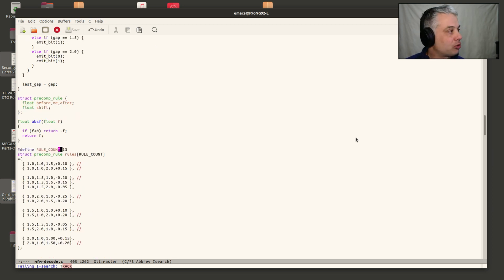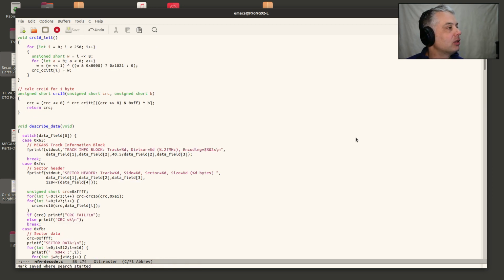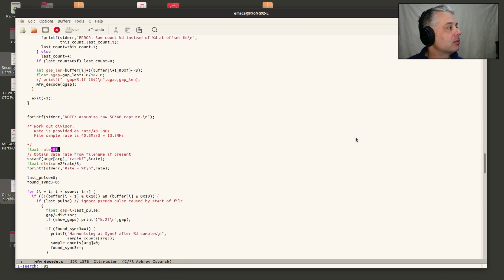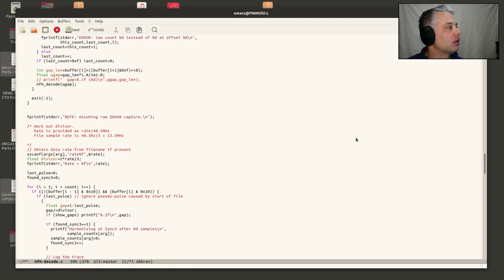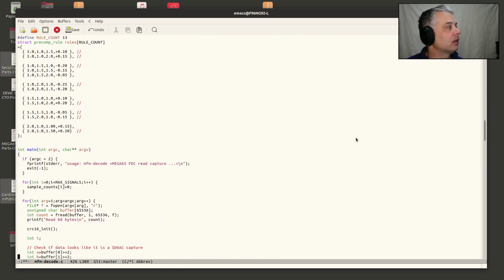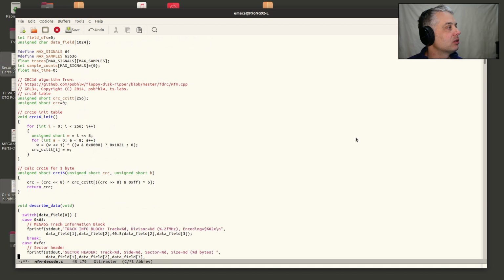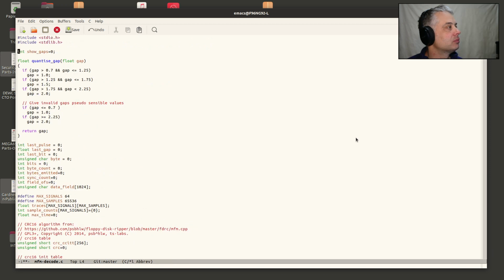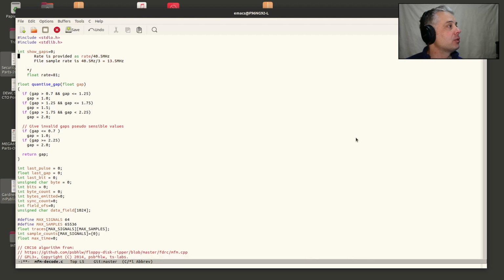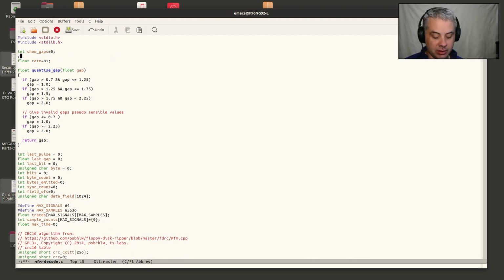Right, so track info block. We're setting the rate down here, so we need to set the rate earlier so that we can change it in that function. So actually what we want to say is that MEGA65 floppies contain a track info block that is always written at DD data rate.